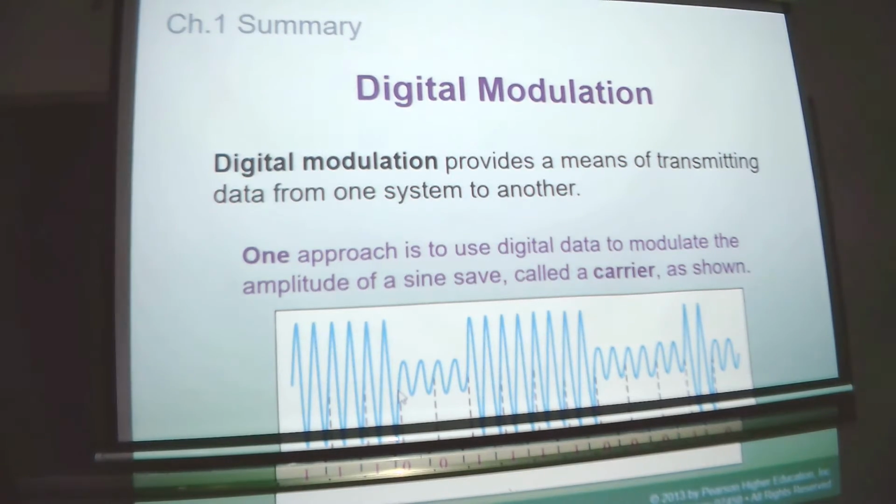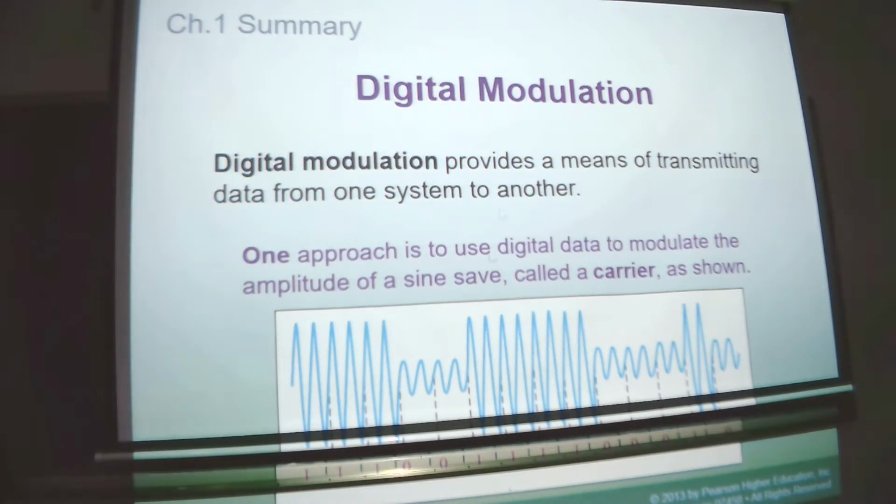Because the amplitude is very small, so it represents 0. And this one is 0. 1, 1, 1, 1, 1, 0, 0, 0, 1, 0.